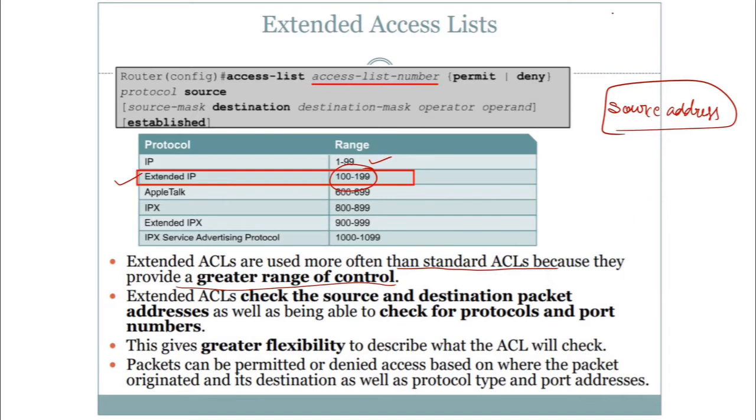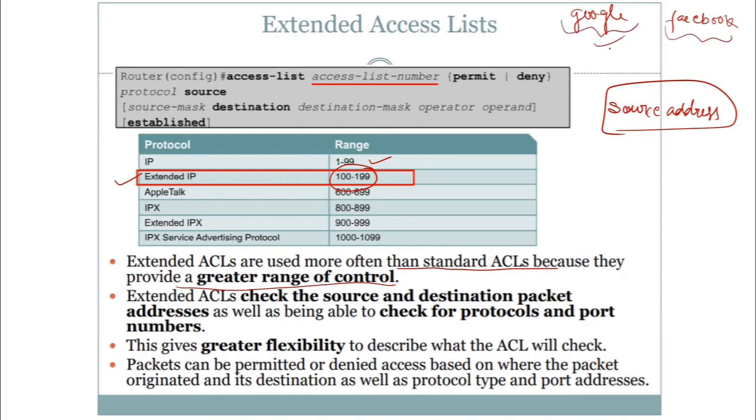But what if you want to allow any user to Google, but you want to block him for Facebook, right? Then what you will do, you will block based on the target address that you specify.